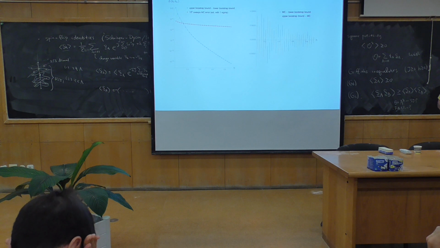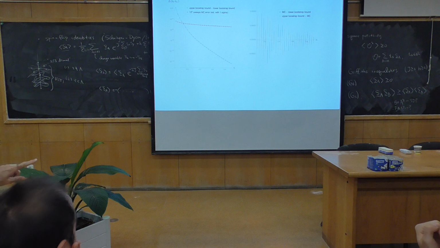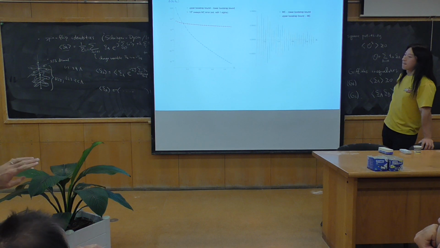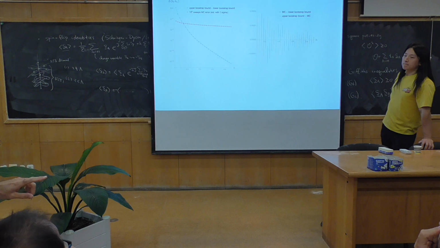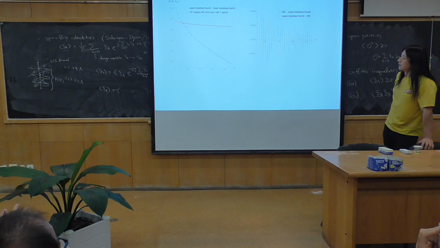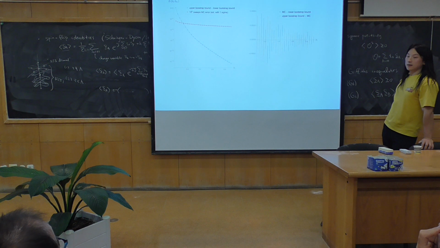I have a question about your comment on how tight the bound needs to be. When you go to H going to infinity or J going to infinity, you're going to get a perfectly ordered system. That's probably going to saturate many of these inequalities.